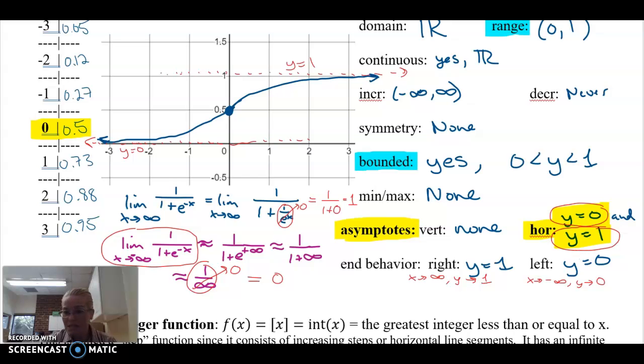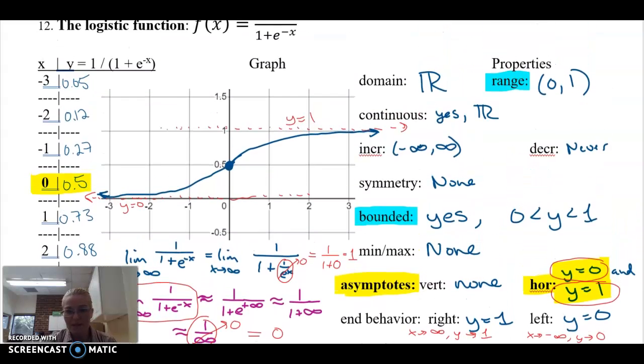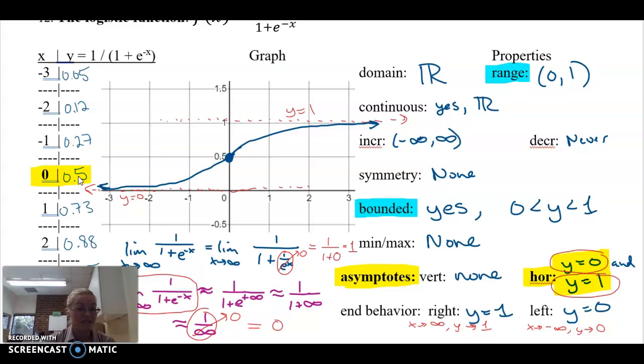All right, so let's look at some of the properties again. So is it continuous? Yes, it's continuous for every real number. It's continuous on its entire domain, and it's increasing on its entire domain. It's never decreasing. There's no symmetry because it doesn't go through the origin, so it can't be odd. If you flip it, it's not even. It is bounded. And yet, because of these strict inequalities, because it never actually equals 0 or never actually equals 1, there isn't a maximum or a minimum.